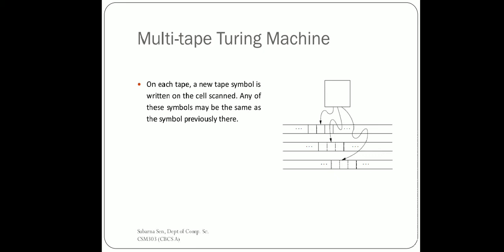In the previous case, whichever symbol we were scanning, we used to write some different symbol, or it may be the same symbol in that place. The same thing will be done for the multiple tapes as well.